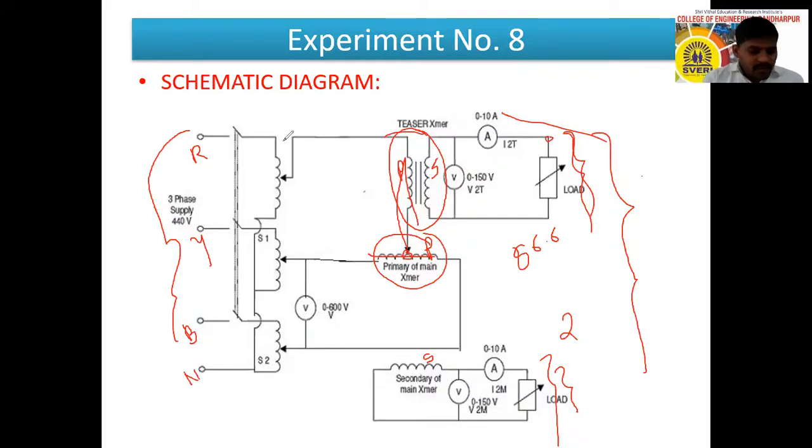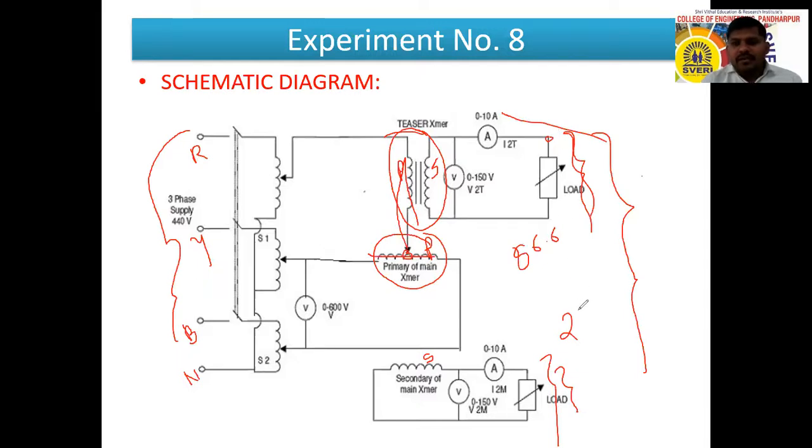See, here how we are doing. The primary windings are connected to the R phase, Y phase and B phase. Both primary windings of the two transformers can be connected. On the secondary side there is a two phase load connected.